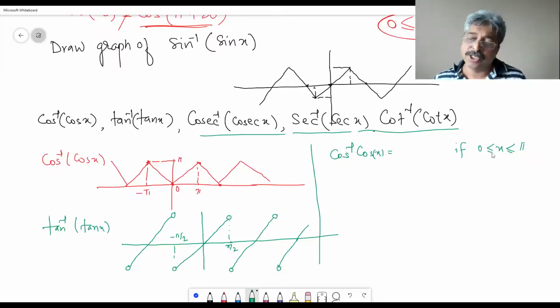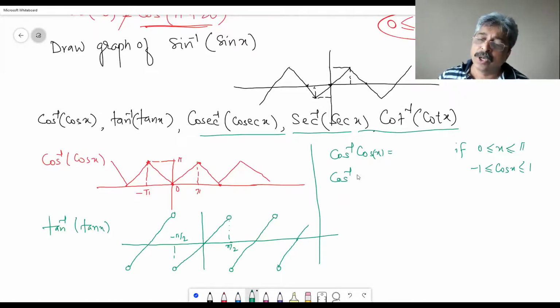So what is cos x? Minus 1 is less than or equal to cos x is less than or equal to 1. If x is between 0 to pi, cos x will be between these.